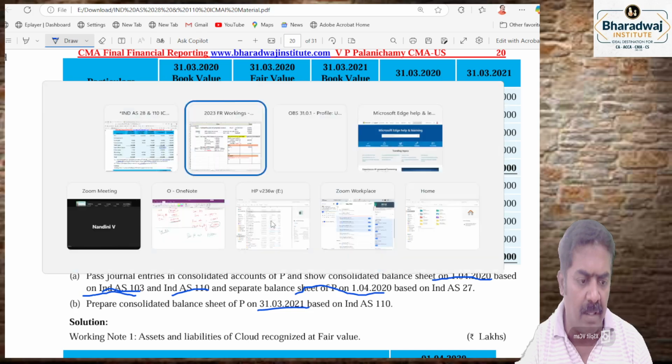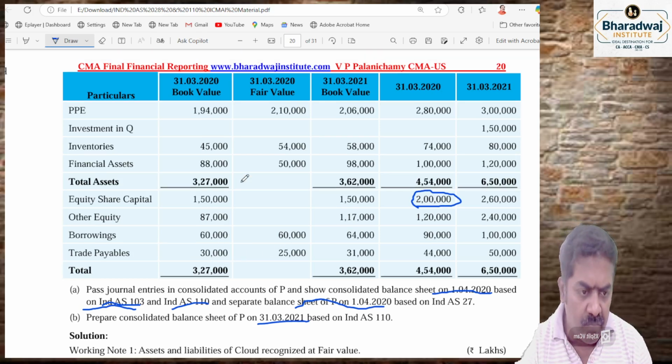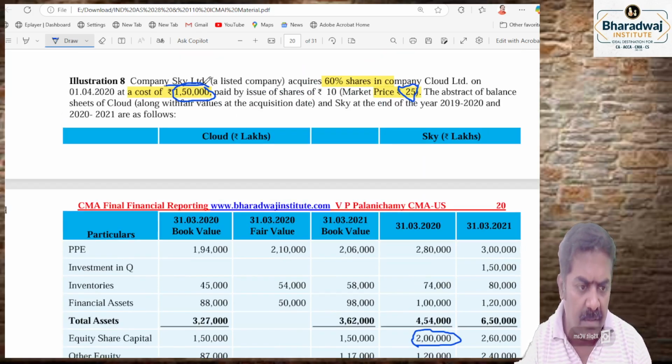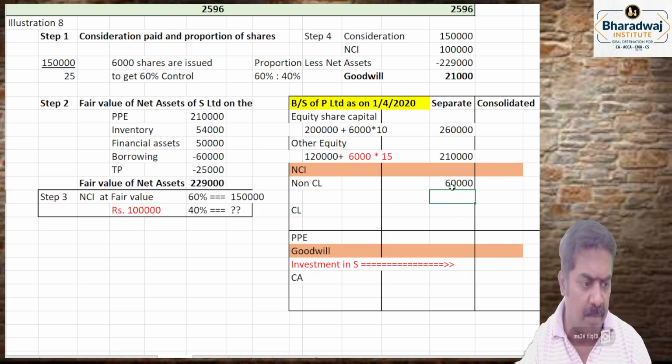At the beginning of the year, 60,000, correct. Trade payable at the beginning of the year: who acquired the shares? Sky, in the separate financial statement, 90,000.